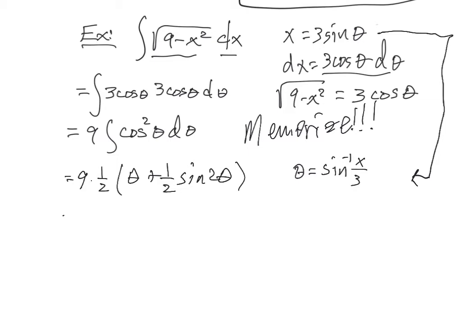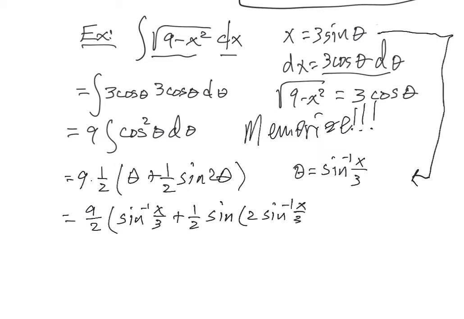Now we'll plug it in. So I get 9/2 out front, and then I get theta, which is the inverse sine of x over 3, plus 1/2 the sine of 2 times the inverse sine of x over 3. So there is a good answer. We can make it better.